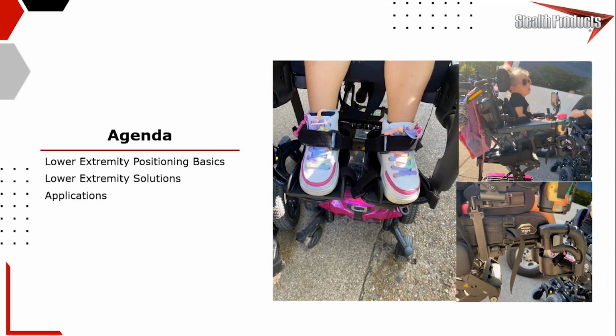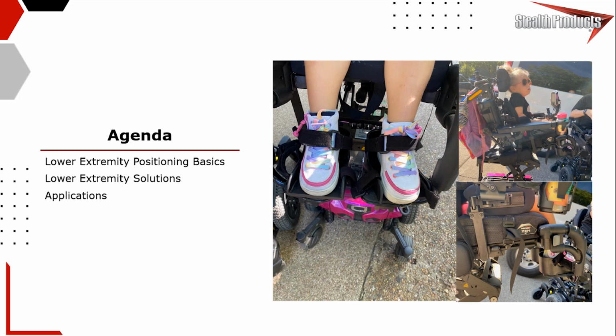With that, today we're going to look at positioning the lower extremities, and this is definitely more of a beginner course. Hopefully, any of you long-standing professionals that we might have attending will pick something up here and there as well. But it is definitely geared for more basic information.